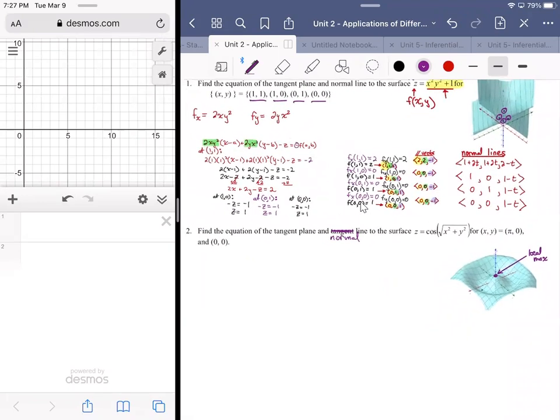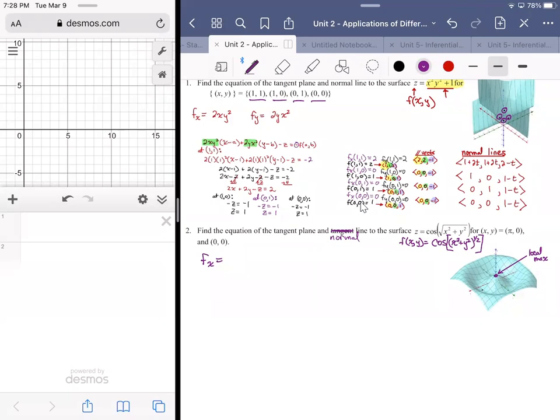So let's take a look. We're still going to have to do the partials. So f sub x, and it ain't going to be pretty, but I'm going to rewrite this as f of xy is equal to the cosine of x squared plus y squared to the 1/2 power, just to make it a little easier to chain rulify it.